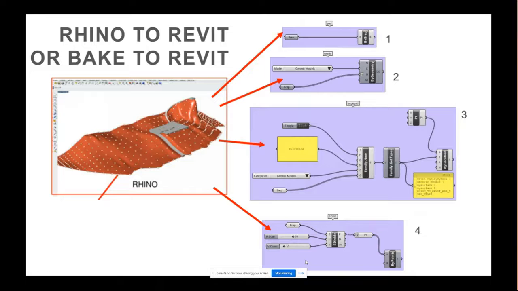The fourth option is you actually take the Rhino geometry and you recreate the element as a native Revit element in Revit. So for example, this red surface here, which is a BREP in Rhino, which would represent a topo surface. This one would be a good candidate to use number 4 on. You can take this geometry and then you can rebuild the topography in Revit as a topography element.